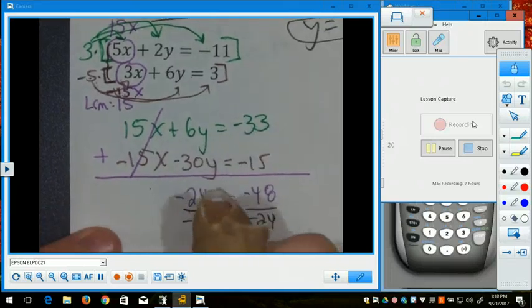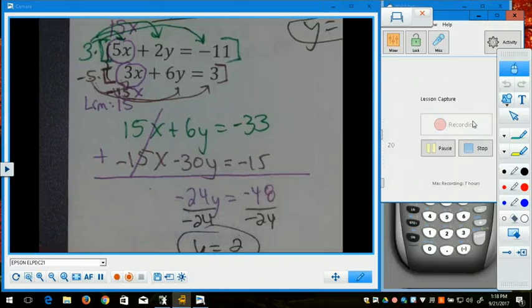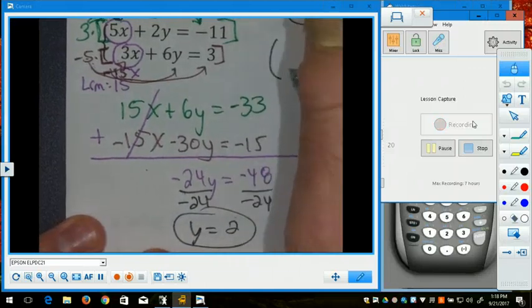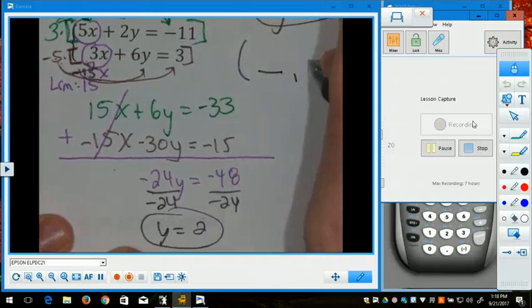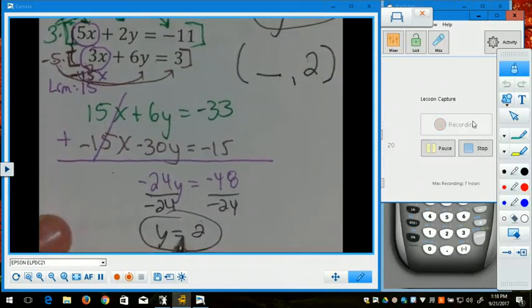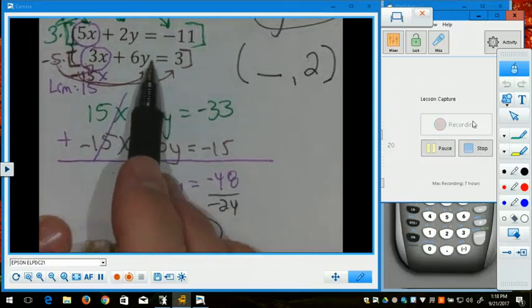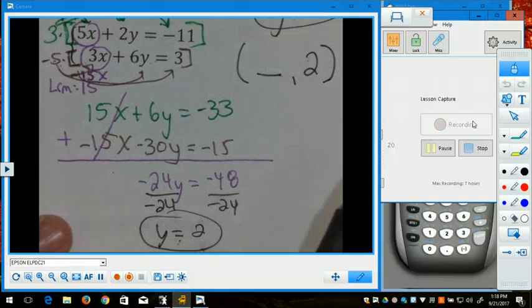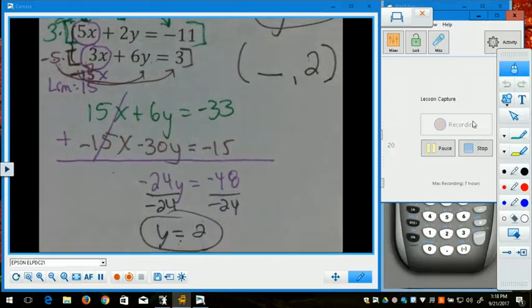And I get y equals 2. This means that my solution is something for x, we're not sure what yet, comma 2. Because we now know that the answer for the y variable for both these equations, the point where they intersect, is 2. To find the x, I'm going to plug this 2 back into these original equations.